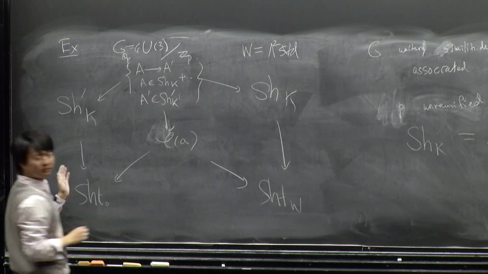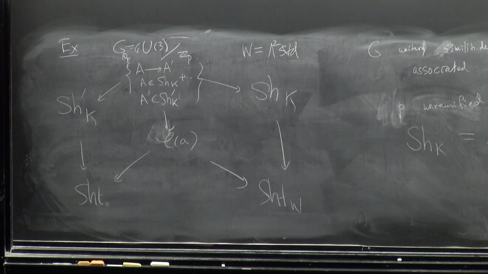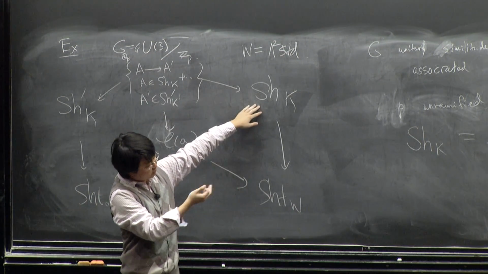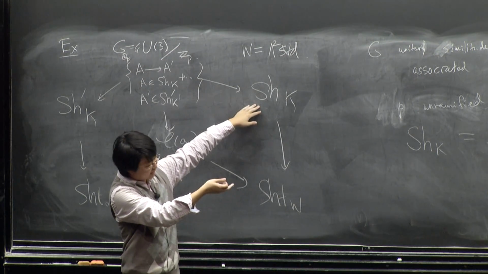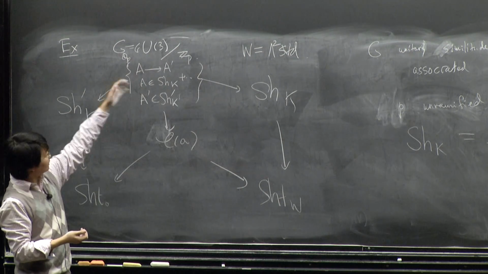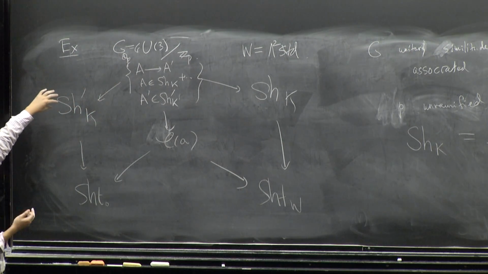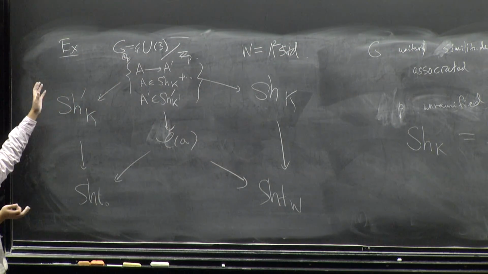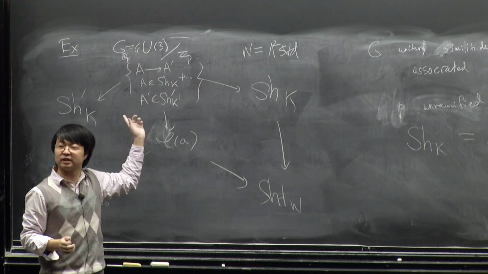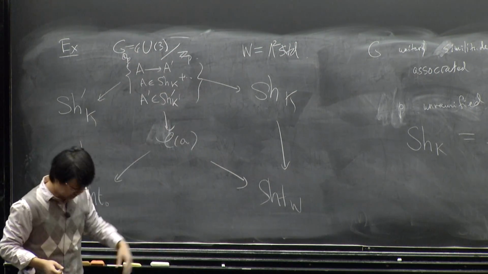Here you have an abelian variety with endomorphisms of signature 2-1, and here you have one with signature 3-0, but miraculously there's an isogeny between them.